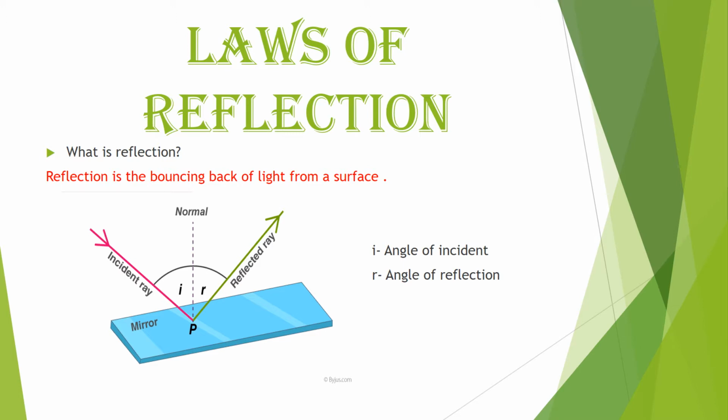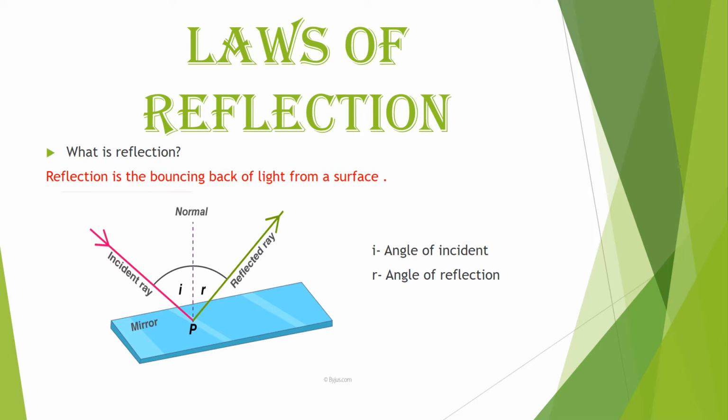It hits the mirror and gets reflected off the surface of the mirror. This ray of light is known as the reflected ray. The green color shows you the reflected ray.